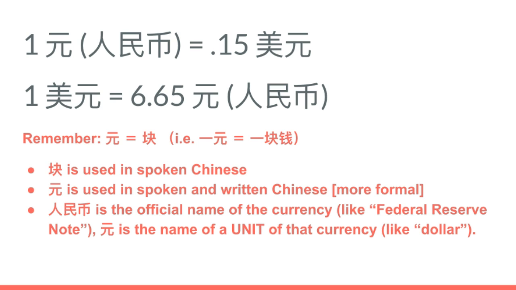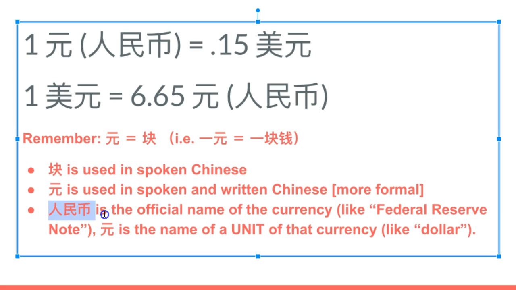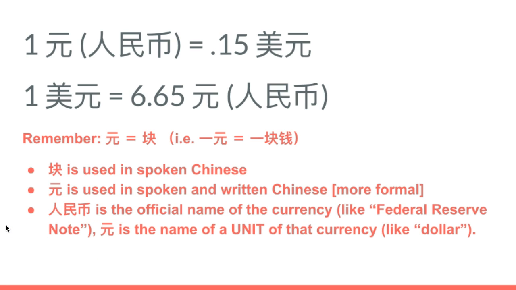So what is the difference between 人民币 versus yuan versus other kinds of ways to count and measure money? Well, the first thing you should remember is that 人民币 is the so-called official name of the currency. It's a little bit like if you look at a dollar, on the front it says Federal Reserve Note.